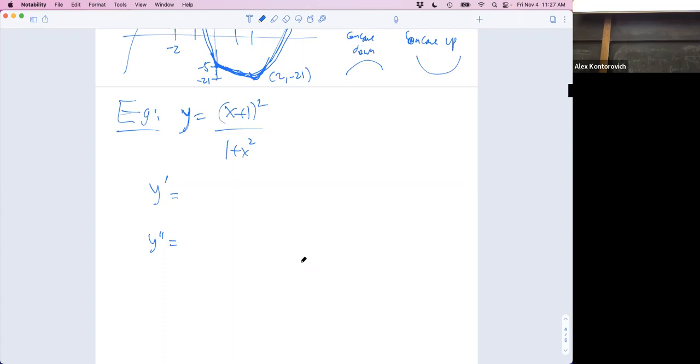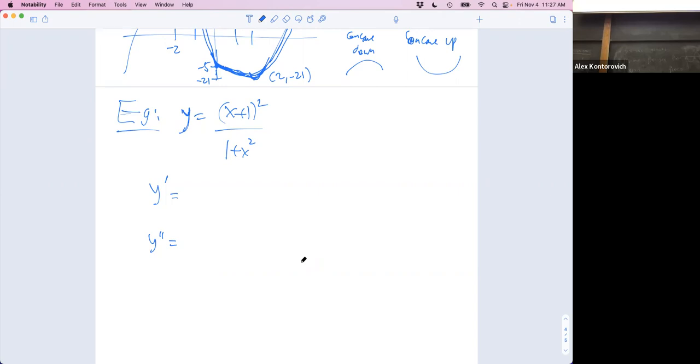I suggest you simplify y prime as much as possible before you continue to differentiate a second time. How many are done with y prime?